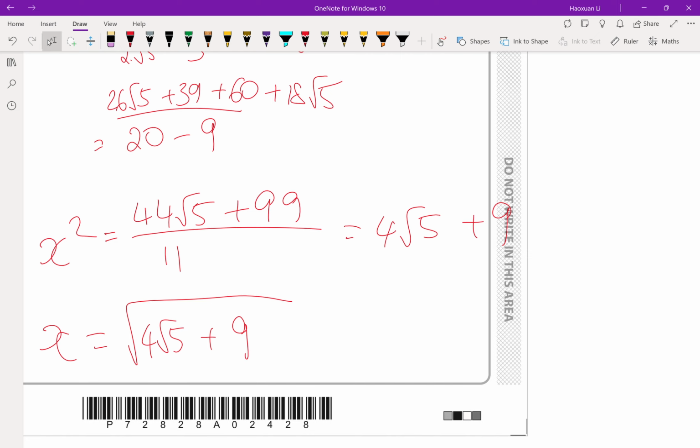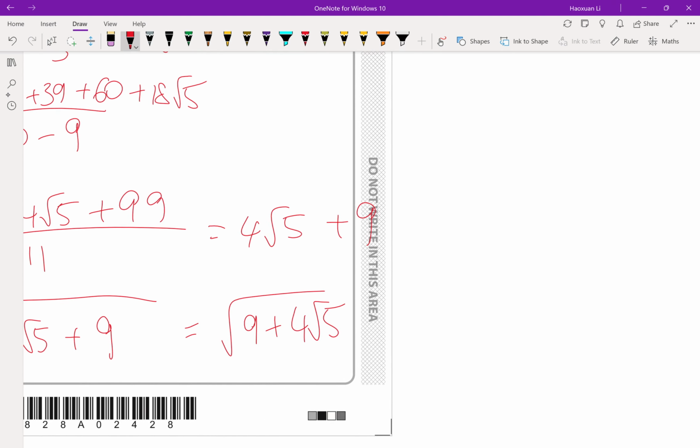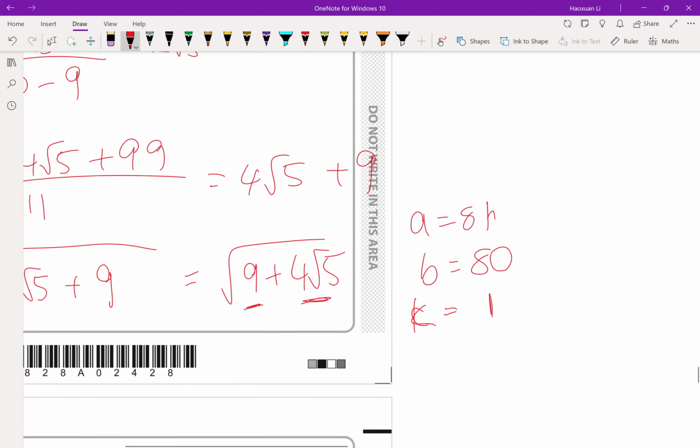And also here you just have to get them in the form of 9 plus 4 square root of 5. So there's an equation where a will be the square of this, so that will be 81. Then b will be the square of this, that will be 80. And then c would simply be the difference between them, so that will be 1.